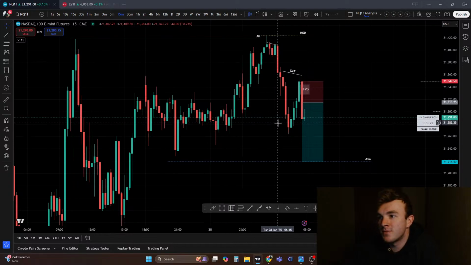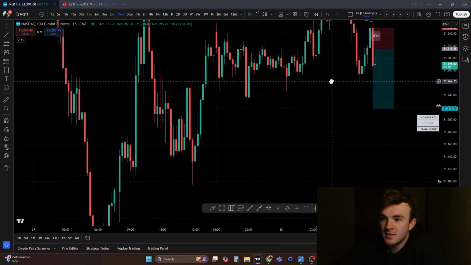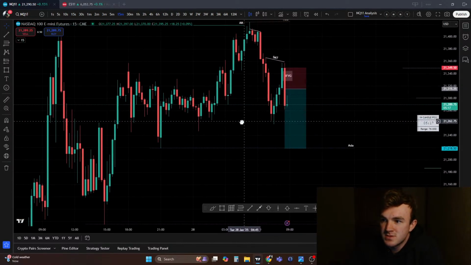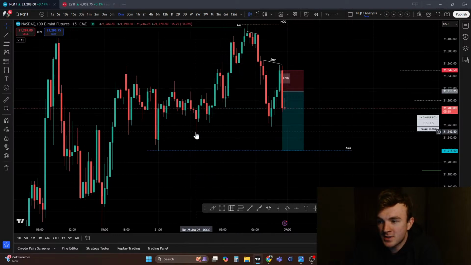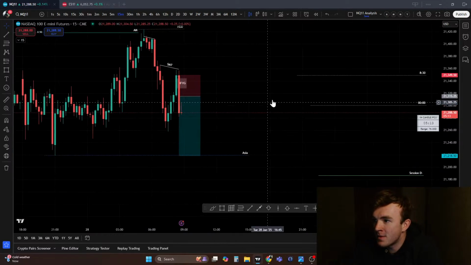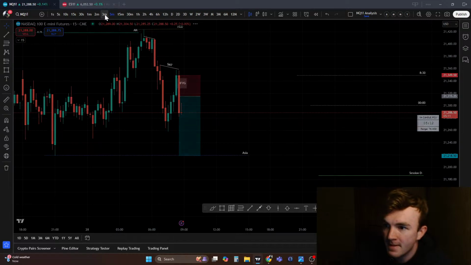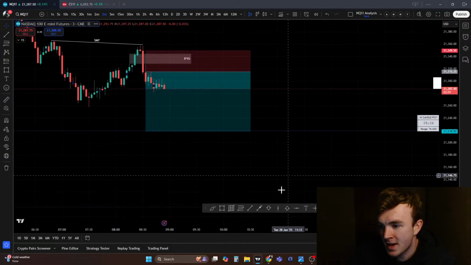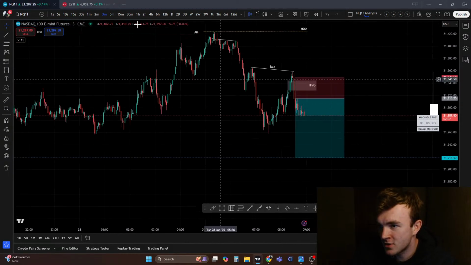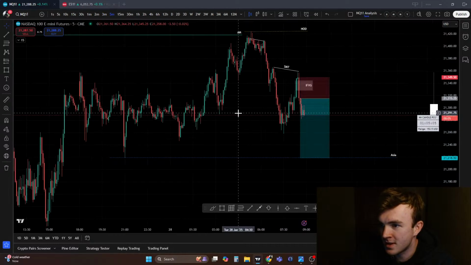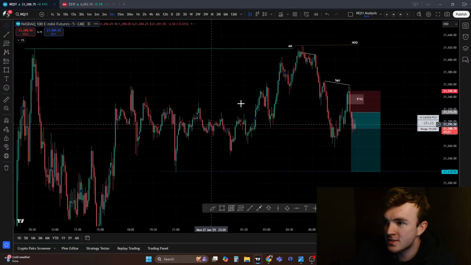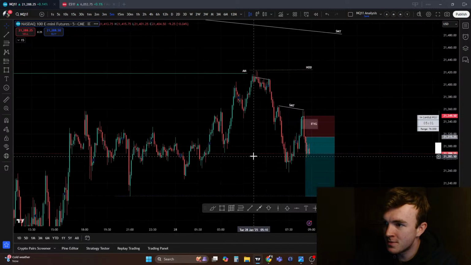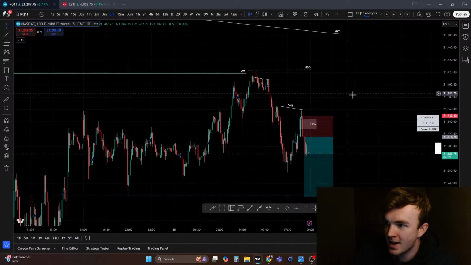It's mostly, to me, it's still a lot of consolidation right now, and I'm not a big fan of that. But yeah, this could work where we get this inversion and then we go down to Asia. But I want to see us really rip through, ideally, the high and then come down to Asia.